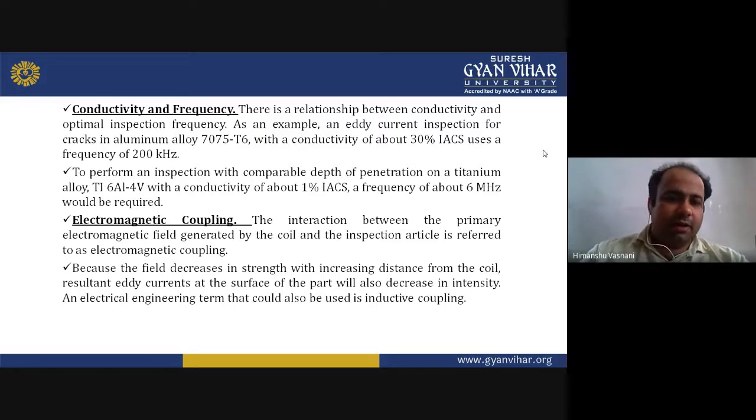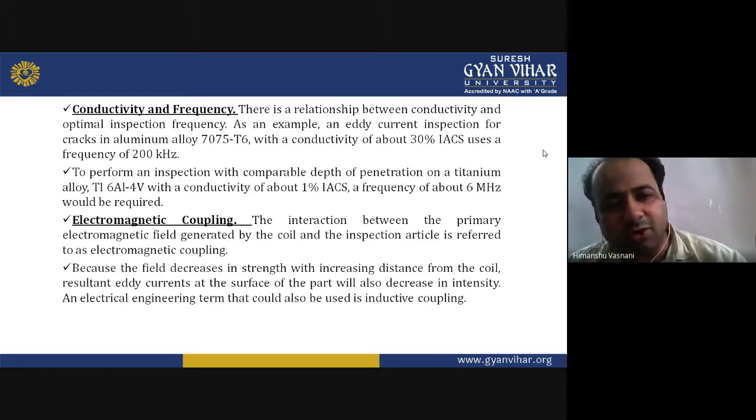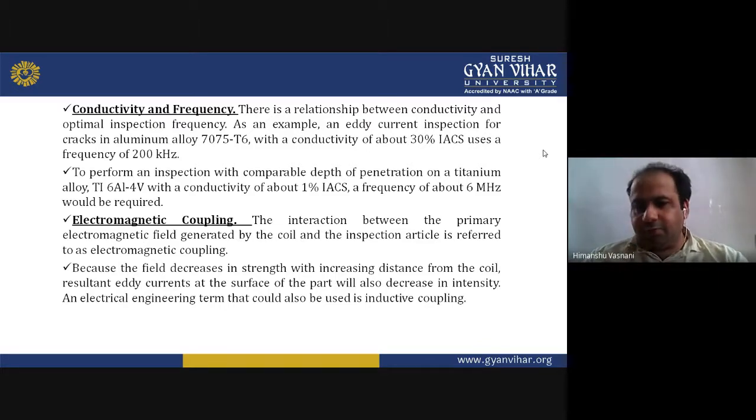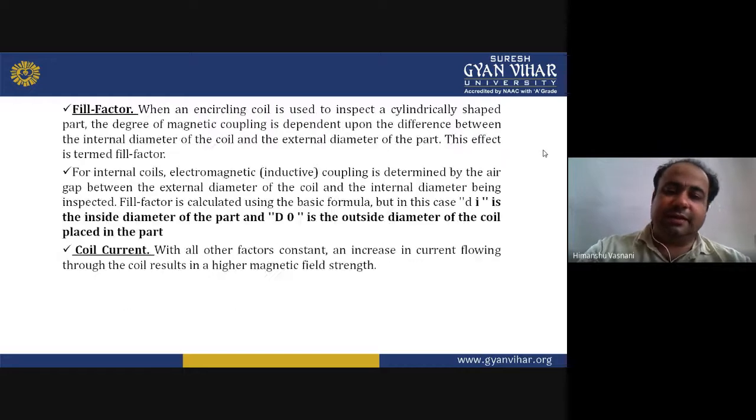Because the field decreases in strength with increasing distance from the coil, the resultant eddy currents at the surface of the part will also decrease in intensity. What do you mean by electromagnetic coupling? The interaction between the primary electromagnetic field generated by the coil and the inspection article. There's a coupling between both of them, the coil and the article.